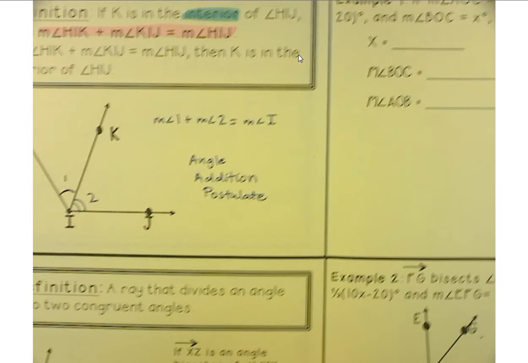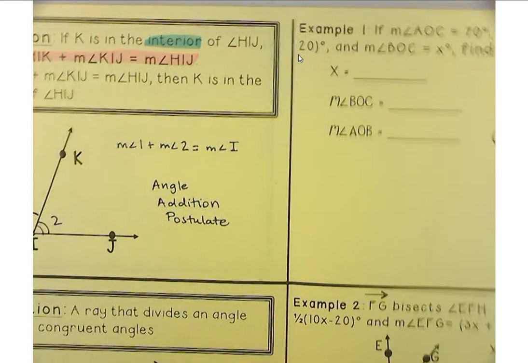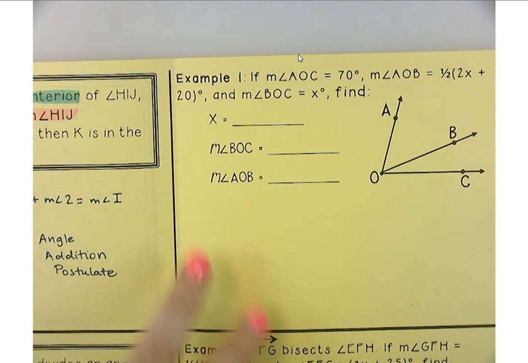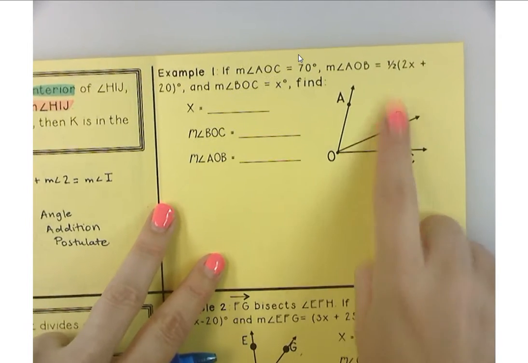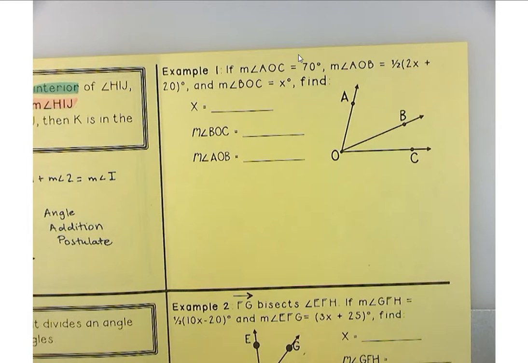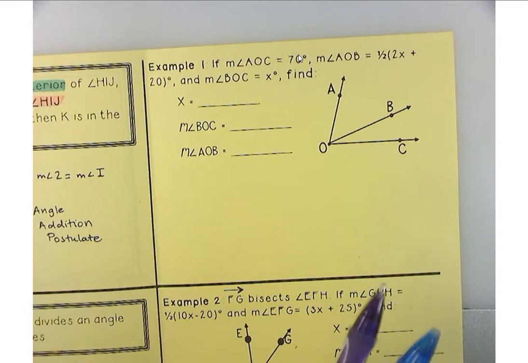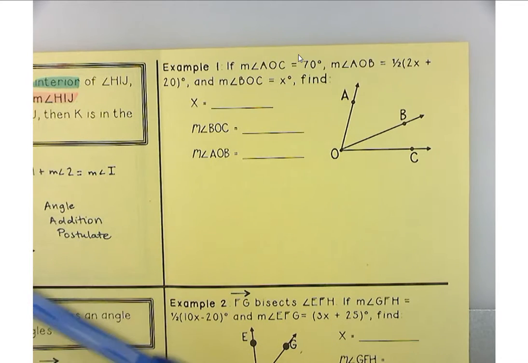Alright, so we're going to go to example 1. It says, if the measure of AOC equals 70, the measure of AOB is 1/2 times 2x plus 20, and the measure of BOC equals x, find, and then there are all these things you have to find. Whenever I'm given this information, the first thing I want to do is see if I can simplify anything.